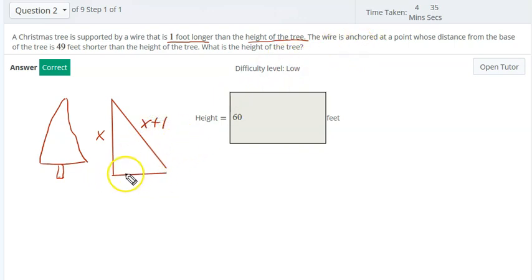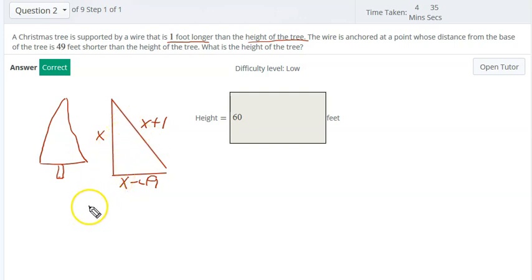Now we have to determine what this is. It says the wire that is anchored to the distance from the base of the tree to this point here is 49 feet shorter than the height of the tree. So this is going to be x minus 49. So now we have measures of each of the sides of our right triangle.